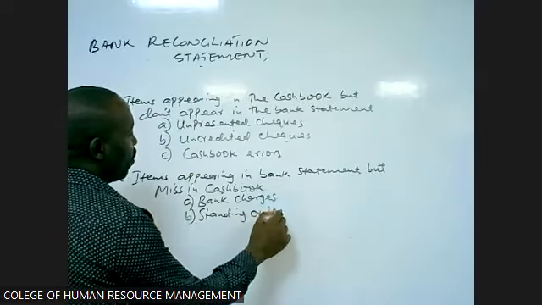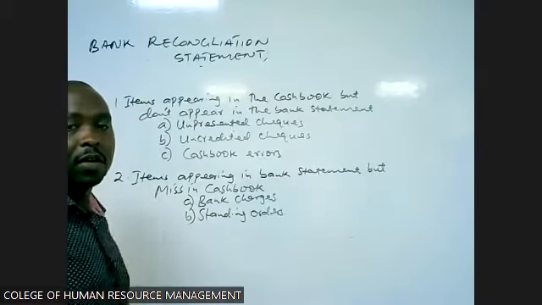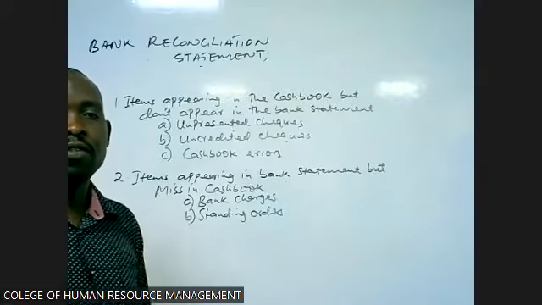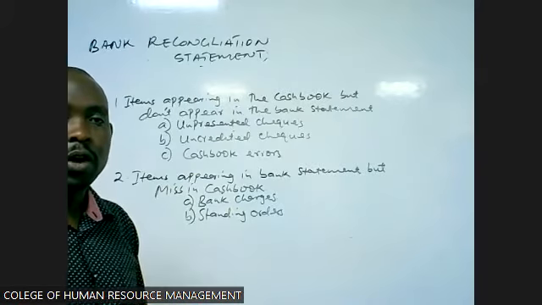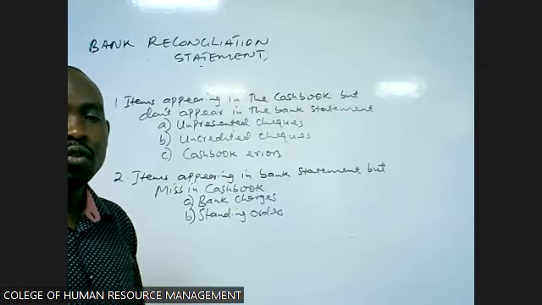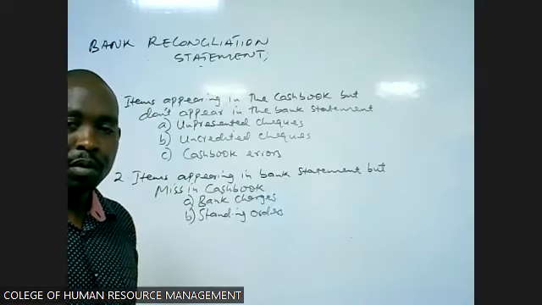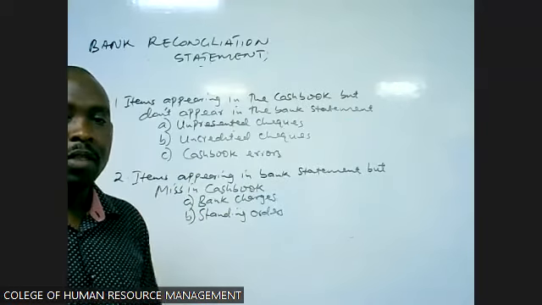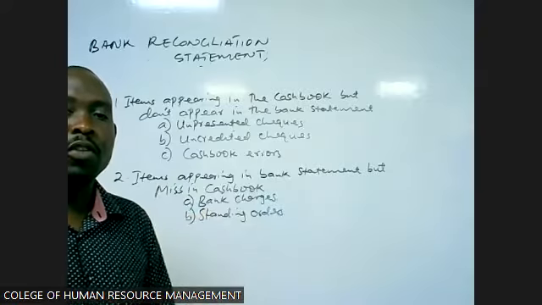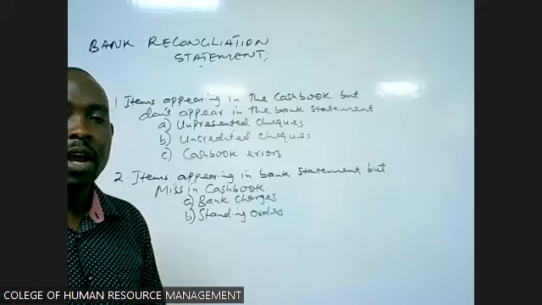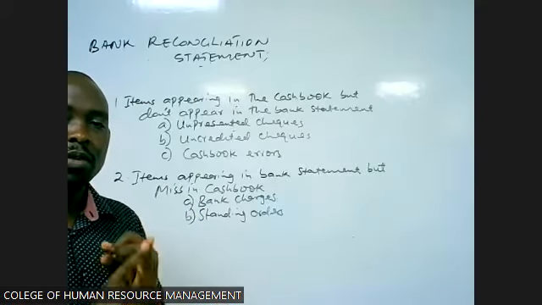Number 2, it is the standing order. Standing orders. This is a request or instruction the account holder gives the bank to be deducting a certain constant amount, probably monthly, and then that amount be transferred to another or a different account. That amount must be constant.